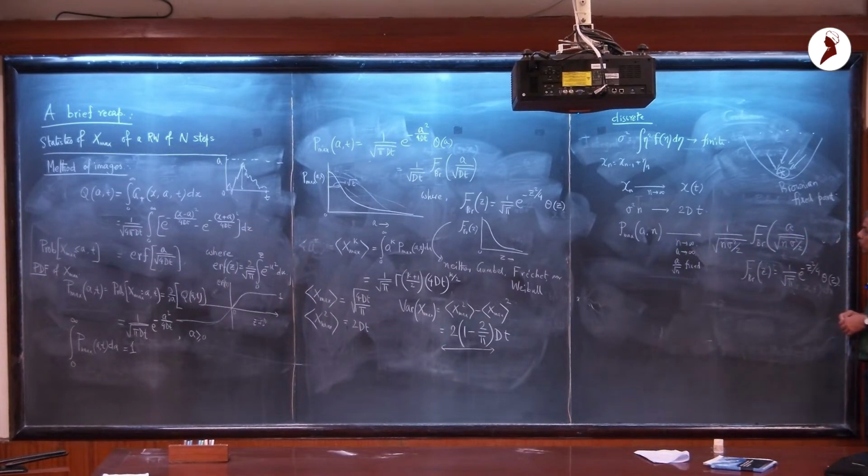So this sort of concludes the one example. Of course, there are other examples of strongly correlated systems where you can compute the distribution of the maximum. I'll not do it in the class, I don't have time.